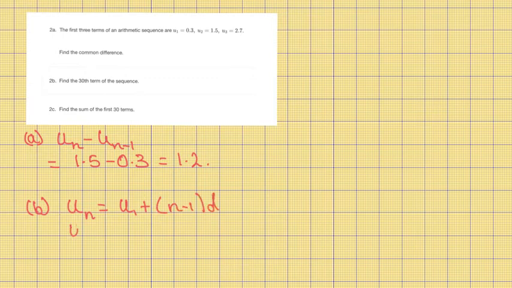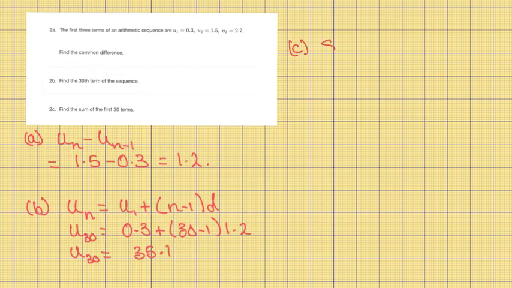So U30 is equal to U1, which is 0.3, plus 30 minus 1 times the common difference, which is 1.2. So U30 is equal to 35.1. And 2C, find the sum of the first 30 terms.